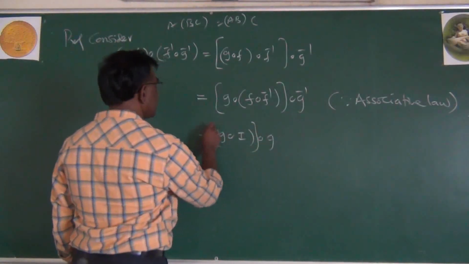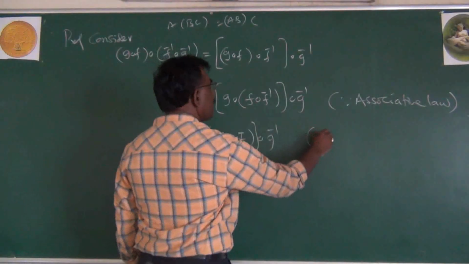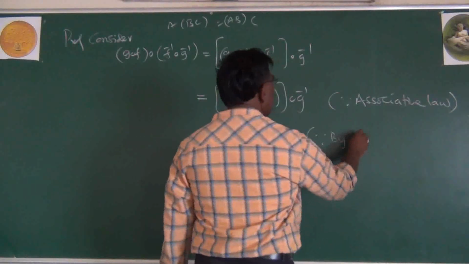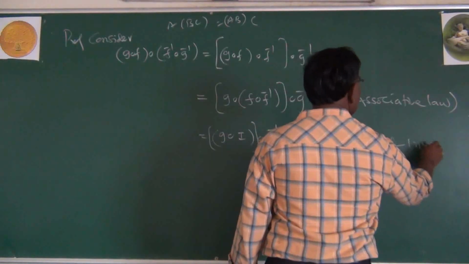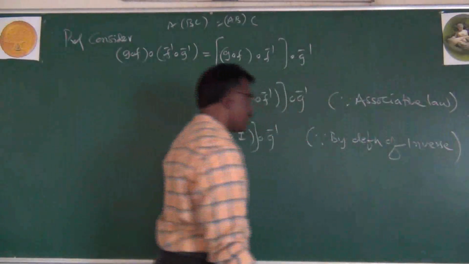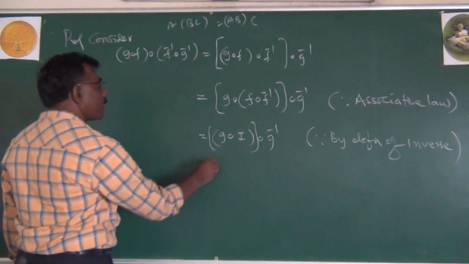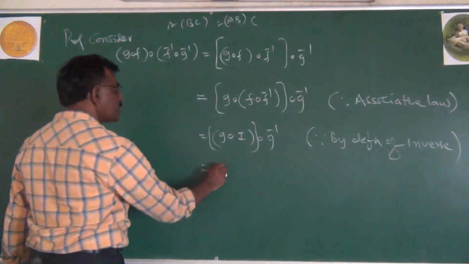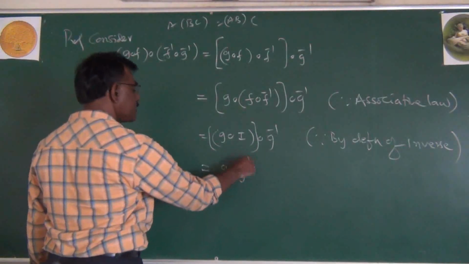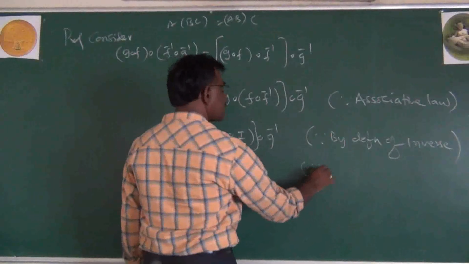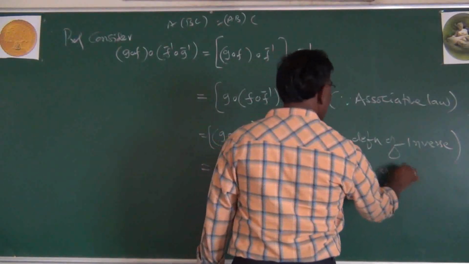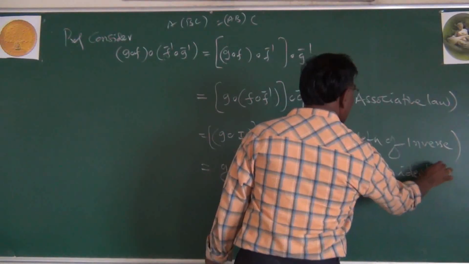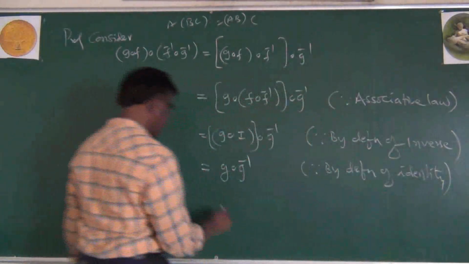composed with g inverse, by definition of inverse. Then g composition I is g, composed with g inverse, by definition of identity.